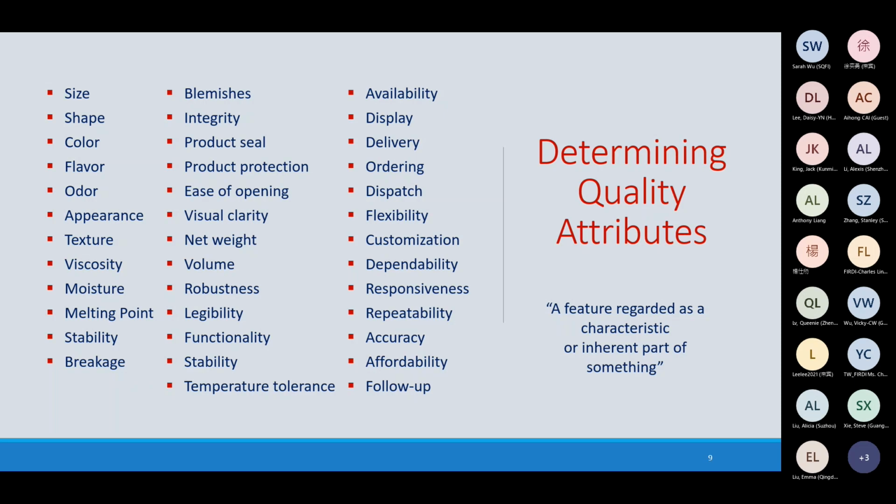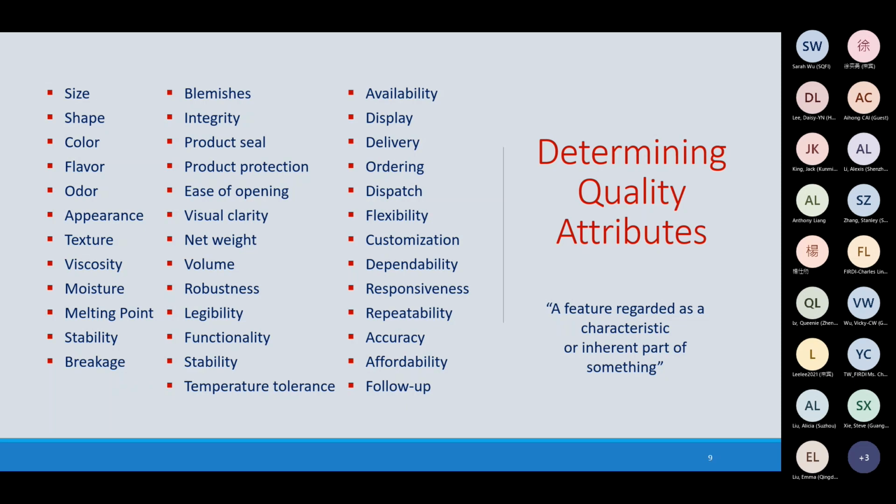But there are other attributes beyond that which define the product, including its size, shape, color, appearance, texture, consistency, stability, whether it breaks or not, whether it's burnt sometimes when we receive it, sometimes when it's undercooked when we receive it.